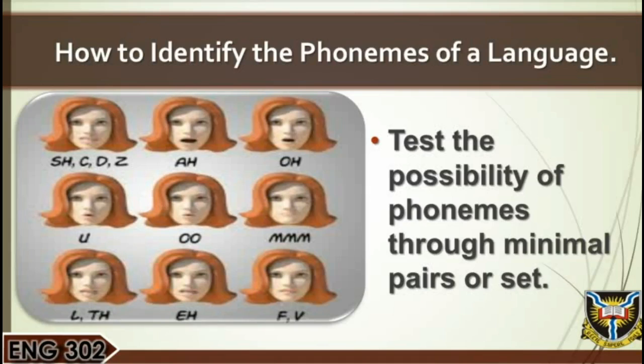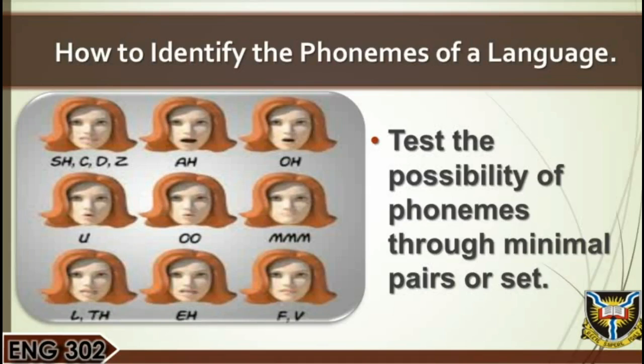In ENG 202, we discussed minimal pairs and minimal sets. For example, we can prove that the difference between pen and pan depends on the vowels E and A in the same position of the two words.